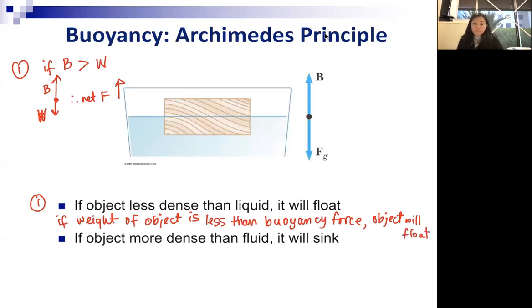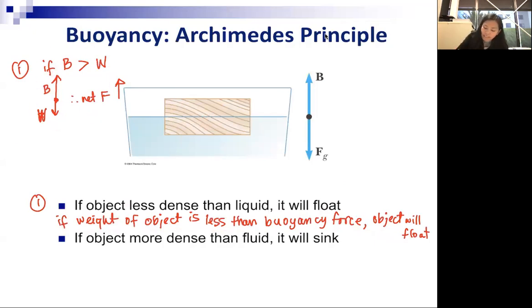So it's equivalent to saying if the object is less dense than the liquid, the object will float. In terms of forces, if the weight force of the object is less than the buoyancy force, the object will float. And we've seen that from this free body diagram here.